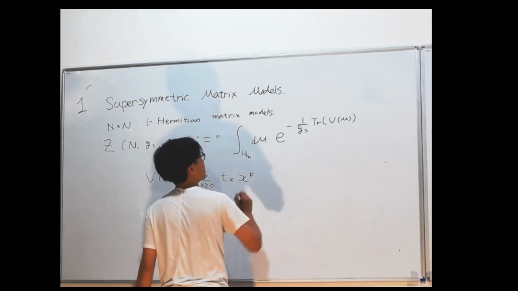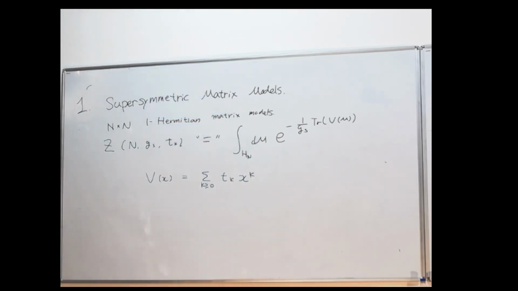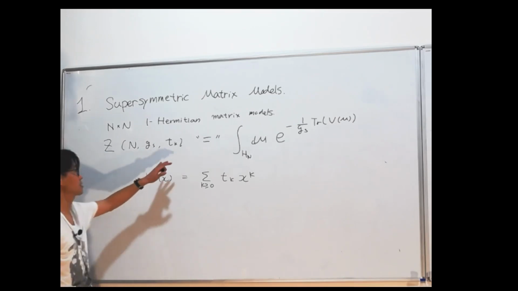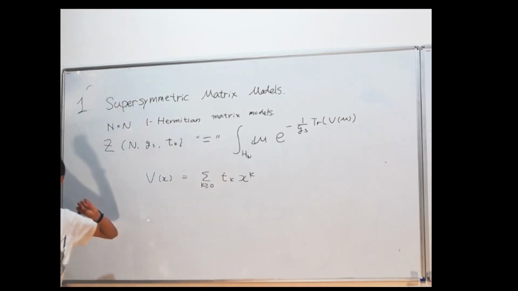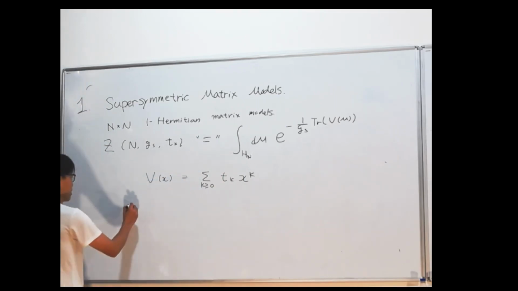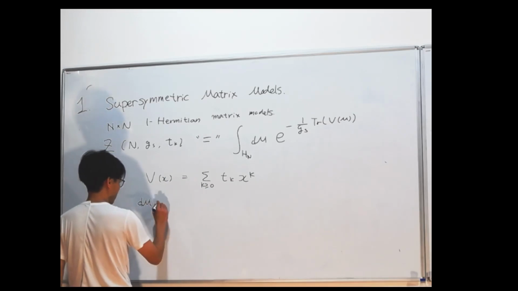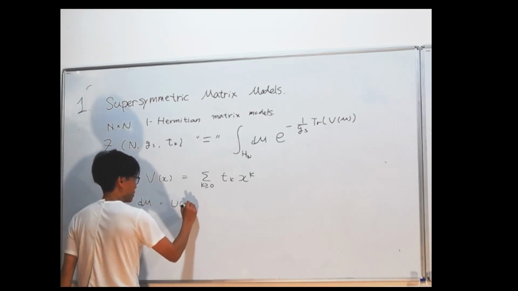Yes, thank you. Any other typo? Not a typo, but nevertheless, let's take this as a working physical definition. I'm going to define it later anyway. Now we take dM to be the U(N) invariant measure.